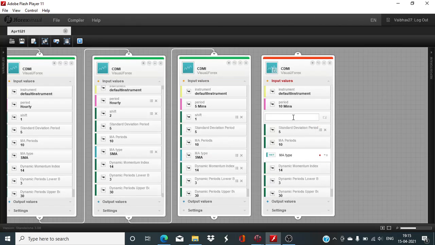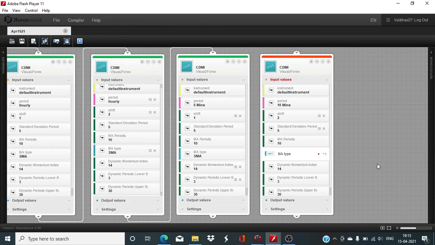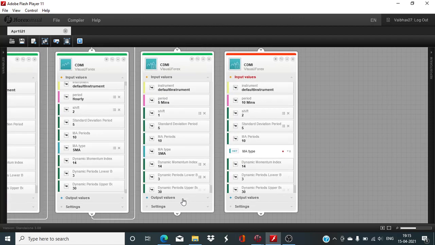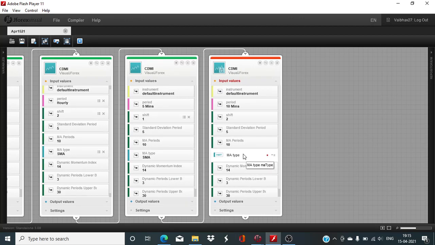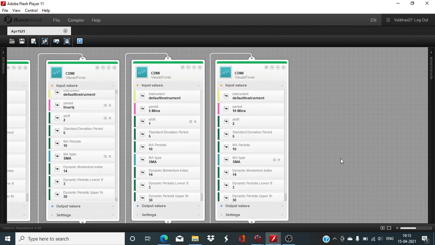And stochastic type also needs to be defined, SMA, and this time period will be changed to 5 minutes.